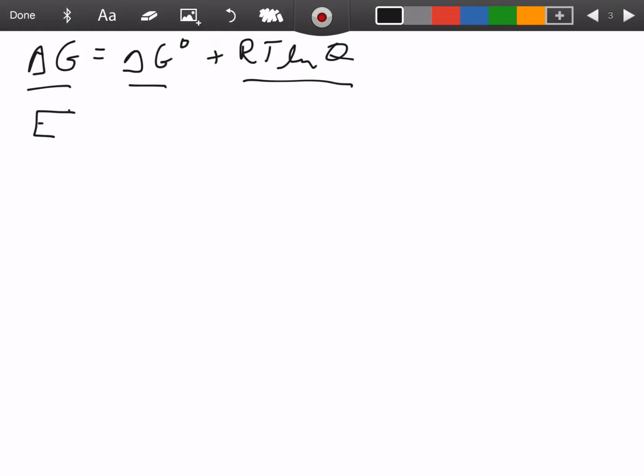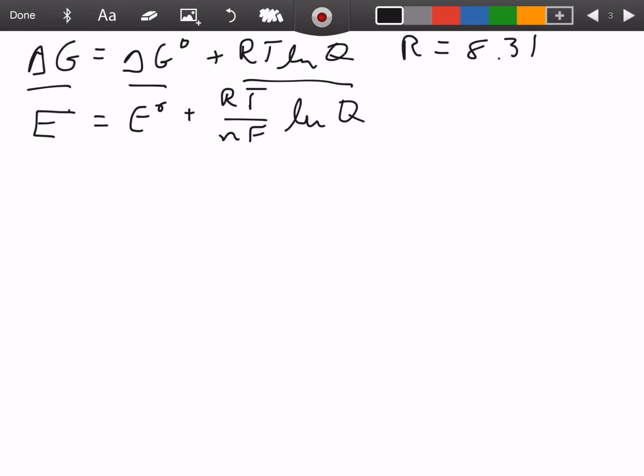We find out that the potential of a reaction is equal to the standard potential plus RT over nF ln Q. R in this case has a value of 8.314 joules per Kelvin mole, as opposed to the 0.08206 liter atmospheres per mole Kelvin. I just needed joules for units instead of liter atmospheres.